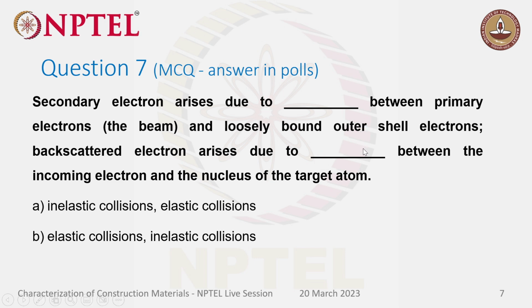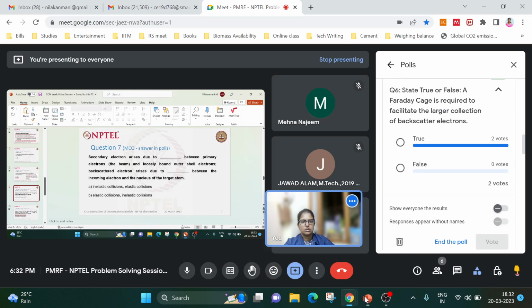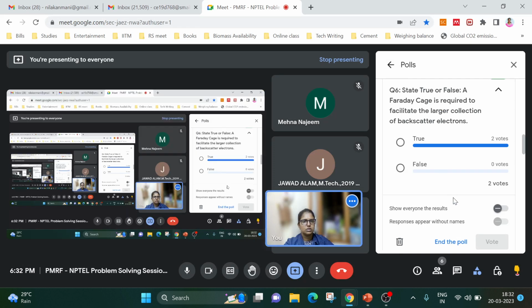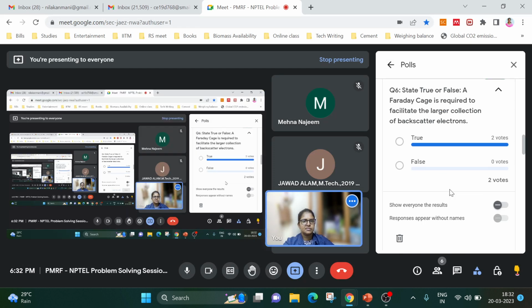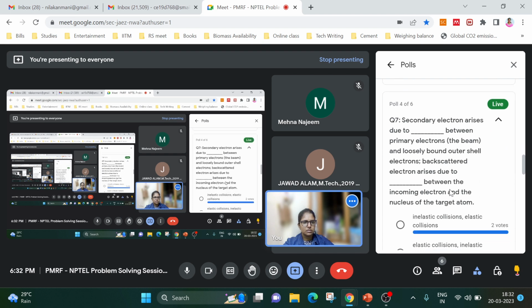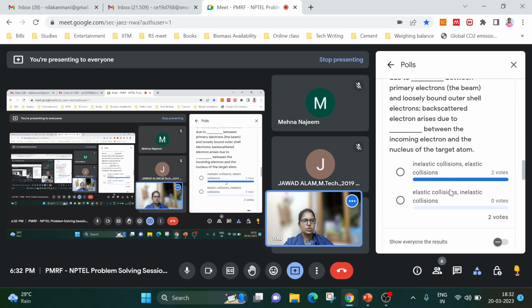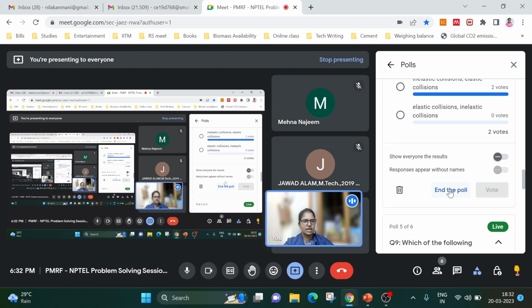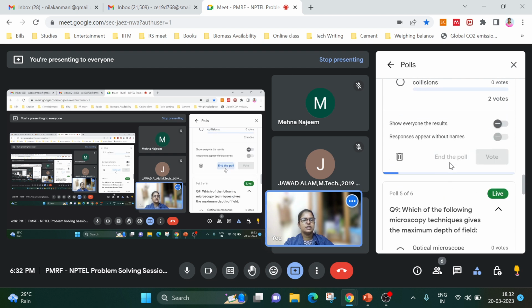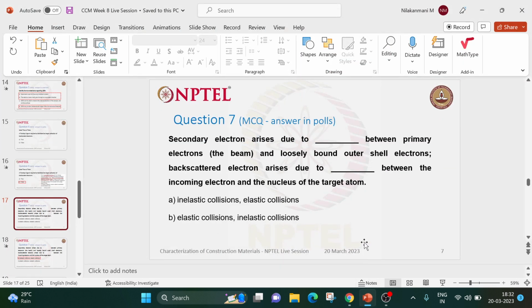Let's see the class response. Most of you have given the right answer. Nice. Let's see the solution.